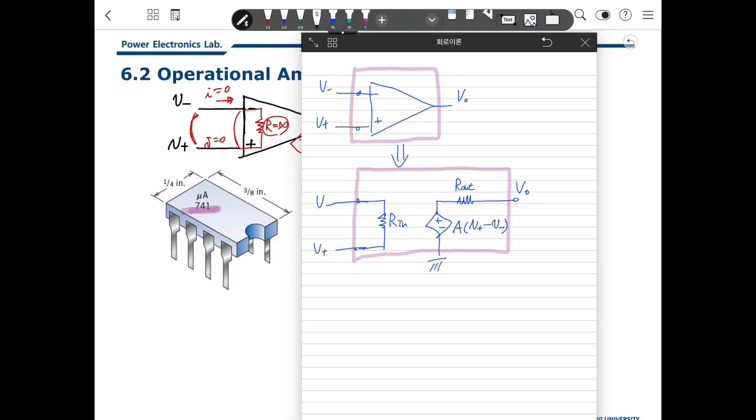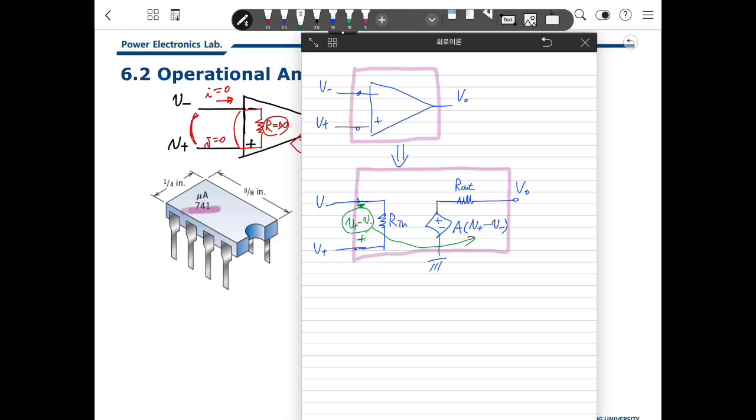So V in is V plus minus V minus. That value is the input over here, and that value is multiplied here.